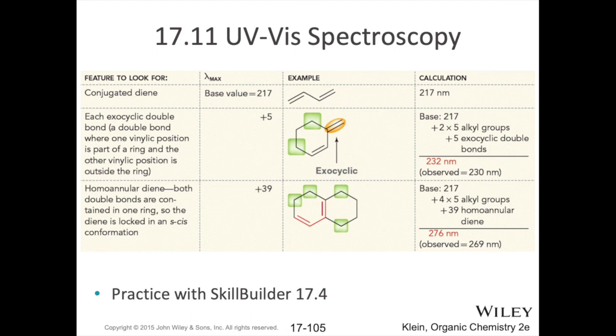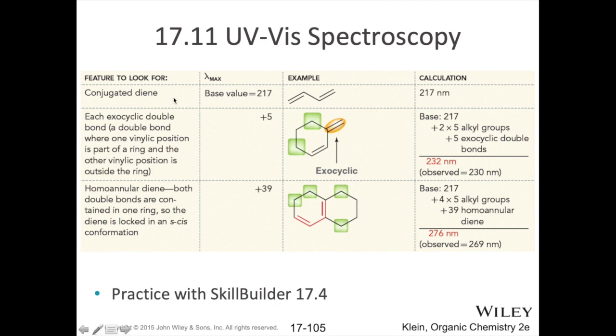Now, it's possible to have your diene as part of a ring, and depending on how it's part of that ring, that will affect your lambda max accordingly. So, for example, let's say you have one of your double bonds exocyclic, in other words, sticking out of your ring.